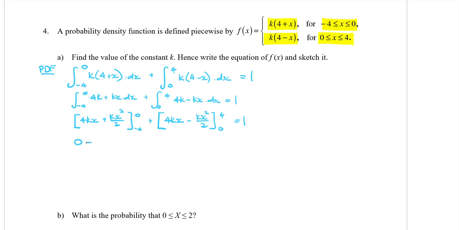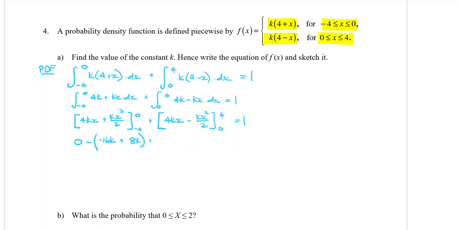Then you have to minus and sub in the -4. I'm going to put this in brackets. So it would be 4 times negative 4, which is negative 16k. Then plus the x squared would be minus 4 squared, so that's 16k over 2, which I'm going to change to 8k.